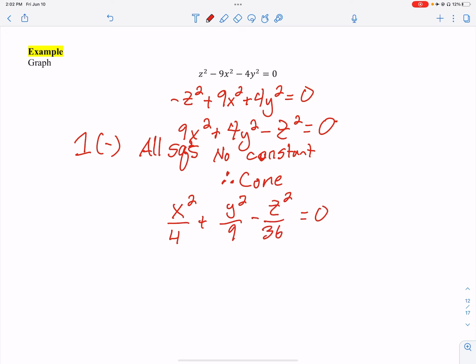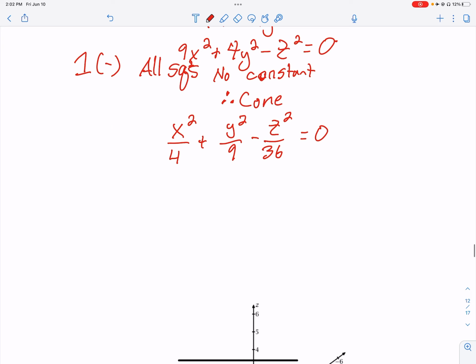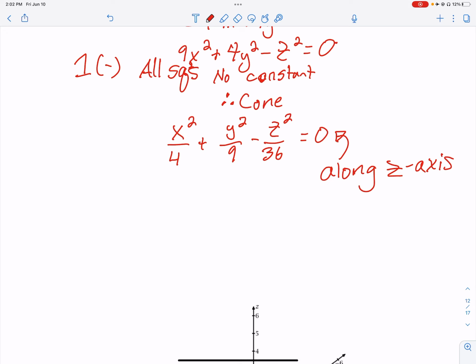So we know that this is along the z-axis, and that's because of the negative. What the instructions told us is to pick the negative, that's z, and pick z values that will divide nicely when squared with 36. Plus and minus 6 would be great here.